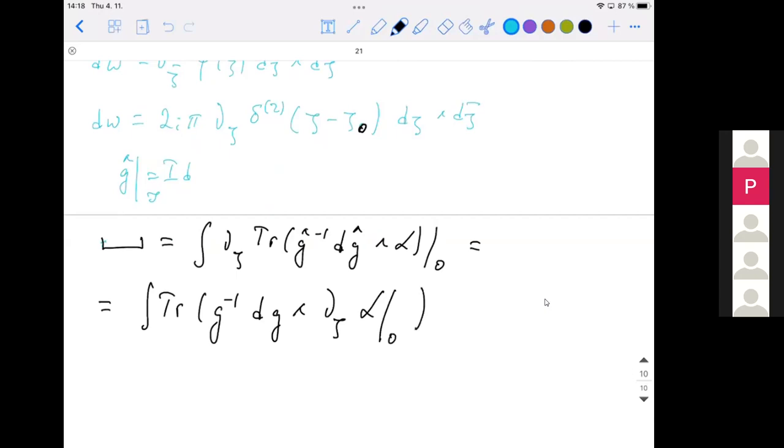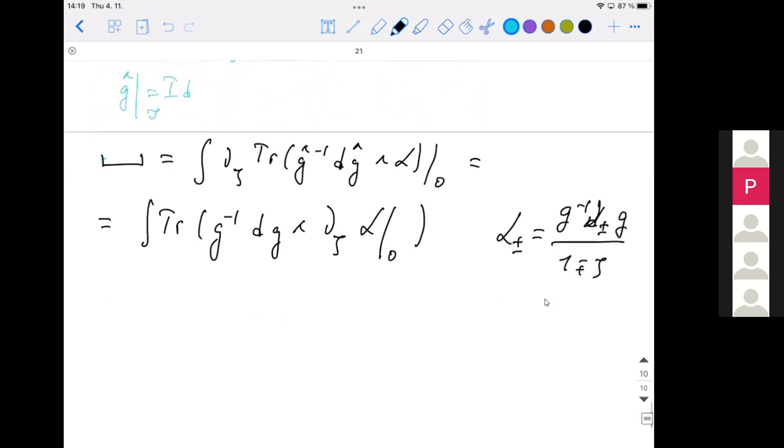So, and we just remember that plus minus G zeta.